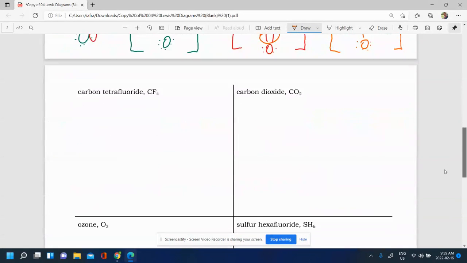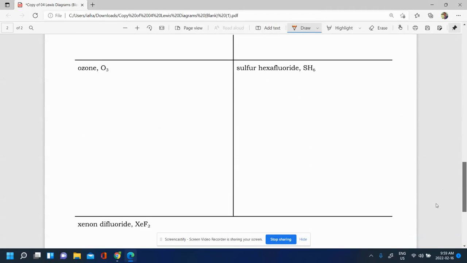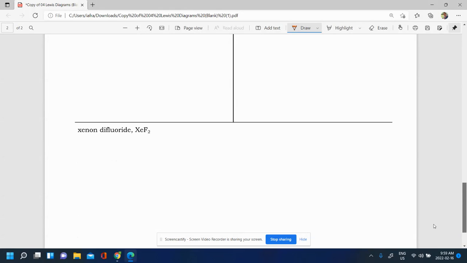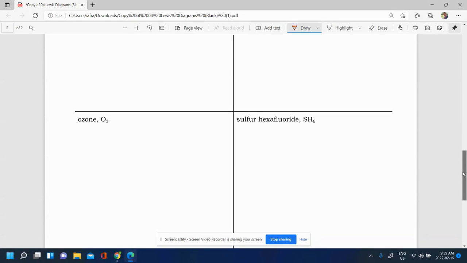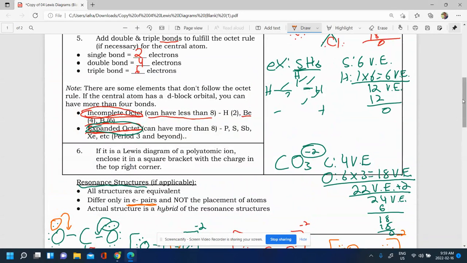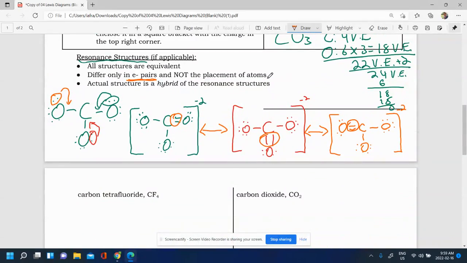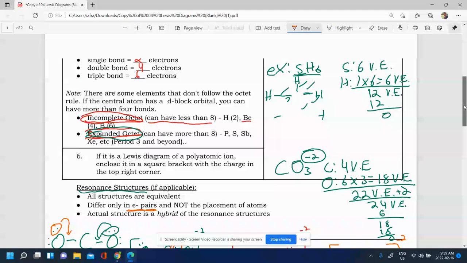Another example that I'd like you to try out so you can check out in the next video is the ozone example. And then we'll try a few more polyatomic ions in the next video as well. But for now, make sure that you're able to do a variety of different Lewis structures, including polyatomic ions, and be able to show and explain resonance in structures where that's possible.